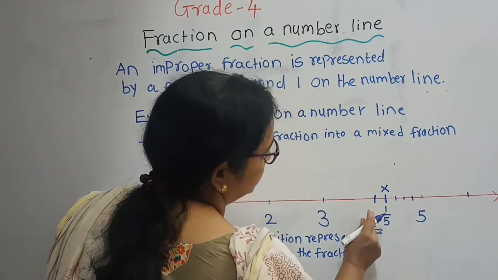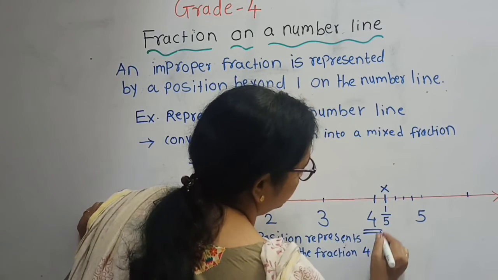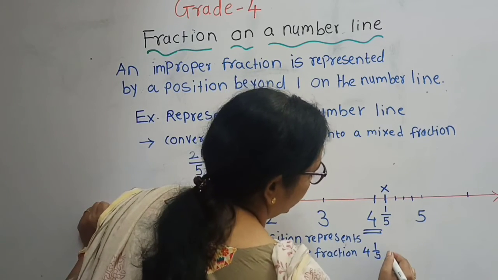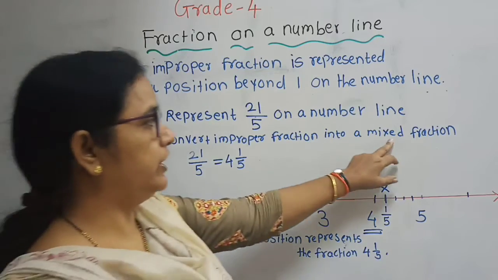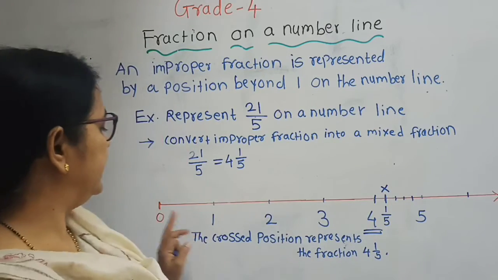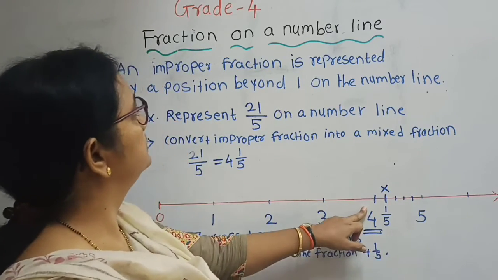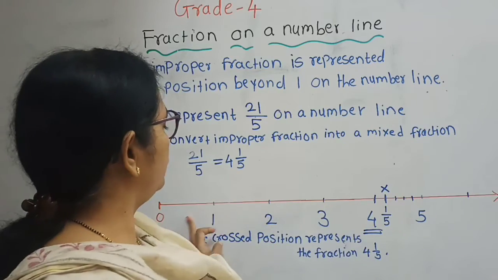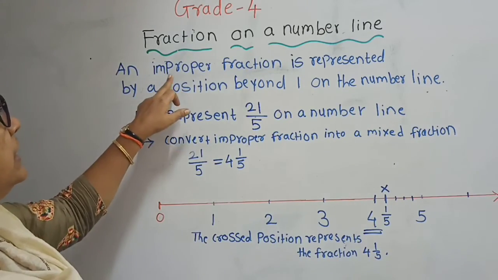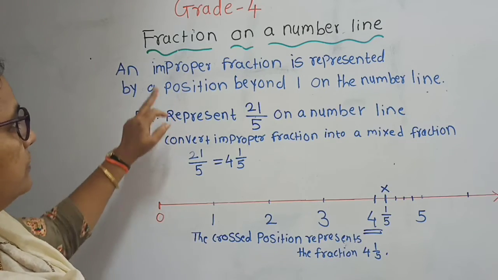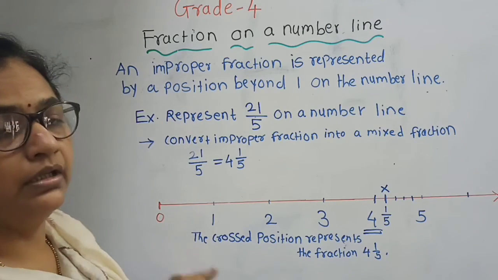Which fraction? This whole 4, 1 upon 5. This is an improper fraction. First we convert into a mixed fraction and then show it on the number line. Like this you have to show the improper fraction on the number line.